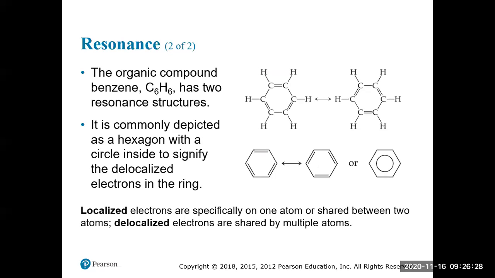Delocalized just means that the electrons are spread out and shared over a greater number of atoms. When you talk about localized electrons, which is how we're usually describing them, it's on one atom or shared between two atoms. You know where the electrons are, basically. The delocalized is they're not that constrained.